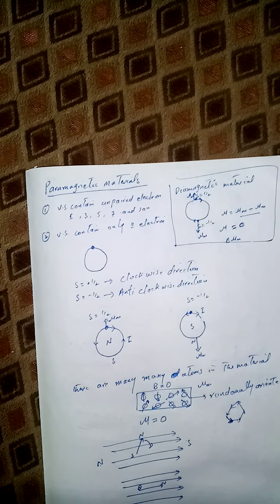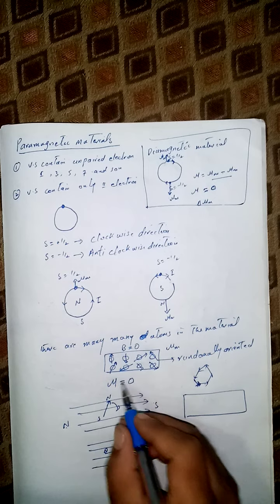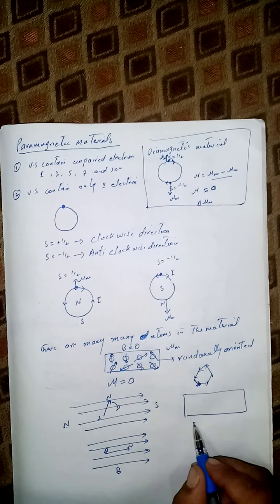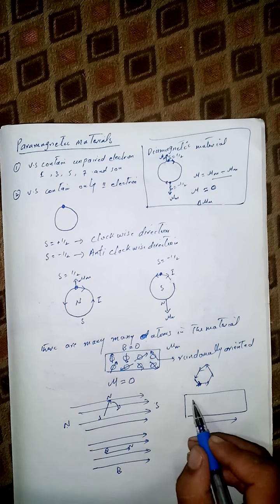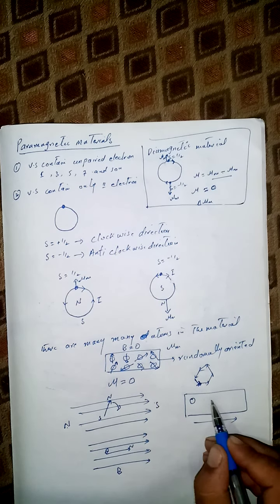The same is true in the case of a material. If we apply the magnetic field to this material, the atoms, which have randomly oriented dipole moments, now align themselves in the direction of the magnetic field. This atom rotates itself in this way, this one rotates in this way, and so on.